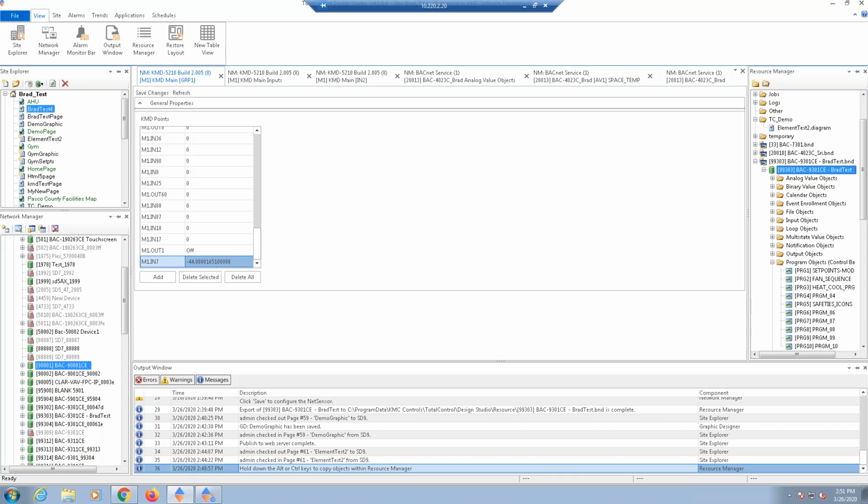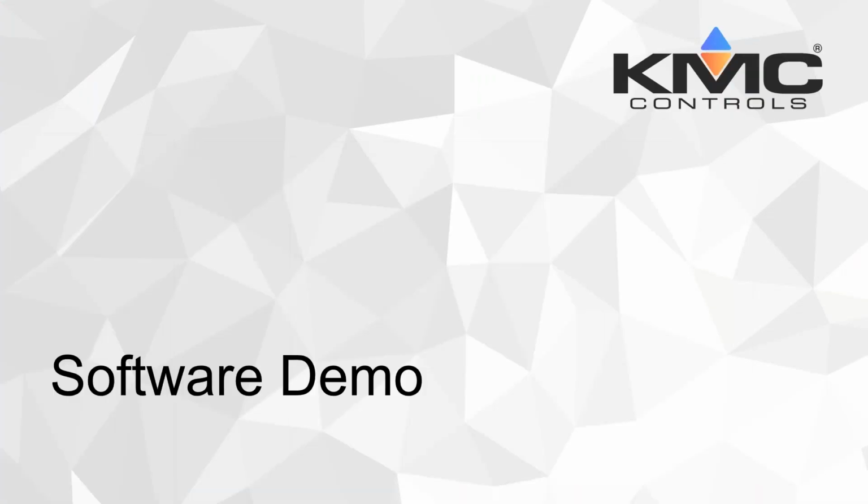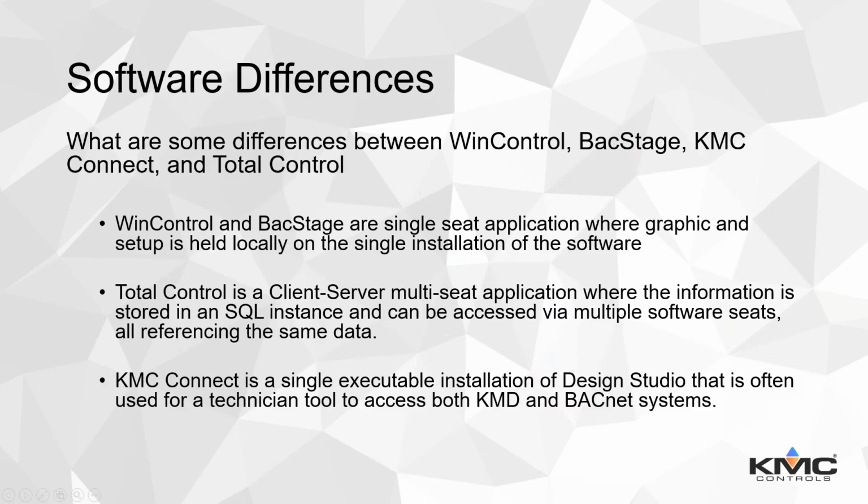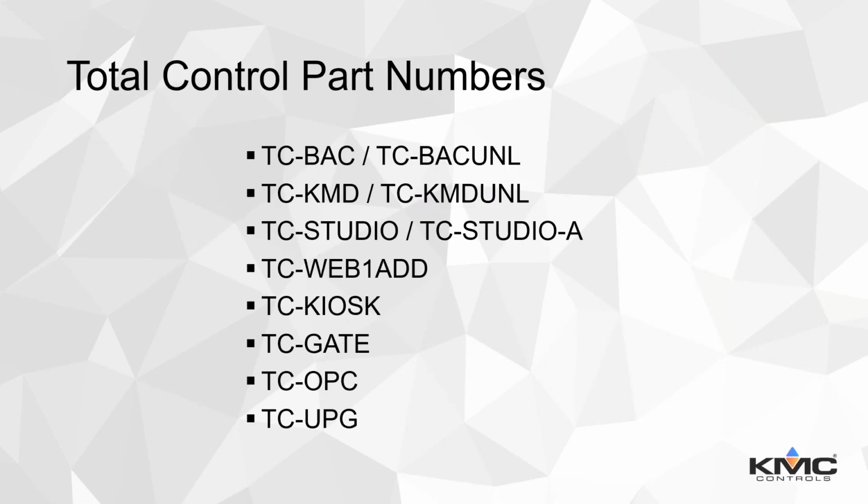Next question we have is, what all is required for the timed overrides? Do I need any special licensing for that? Yeah, that's a good question. So it's going to come standard with 4.5. I'm going to minimize this here for a second and switch back to some of the part numbers to reference what we're doing there.